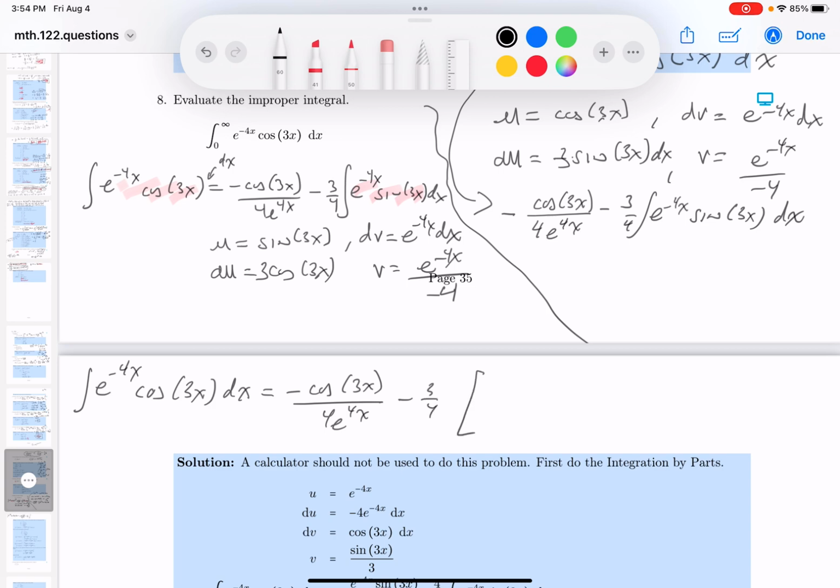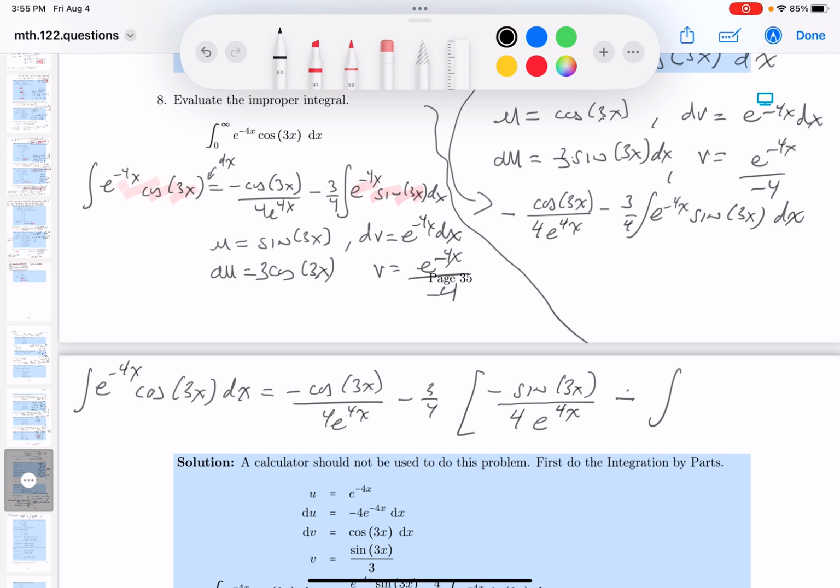Now we're using integration by parts. We're going to get minus, I'm doing uv, right? Sine 3x over 4 e to the 4x. And then minus the v du.